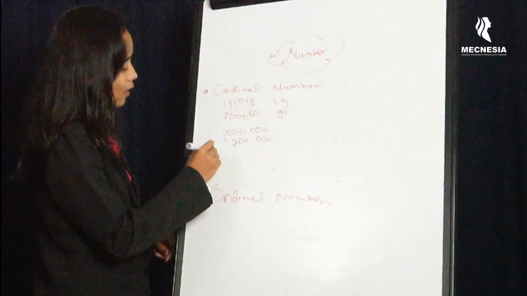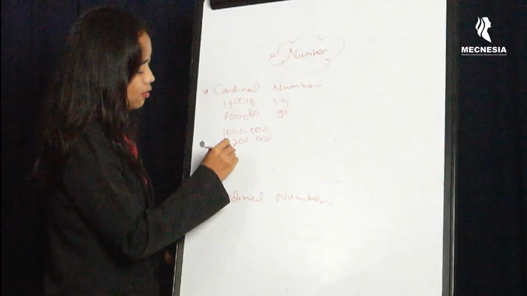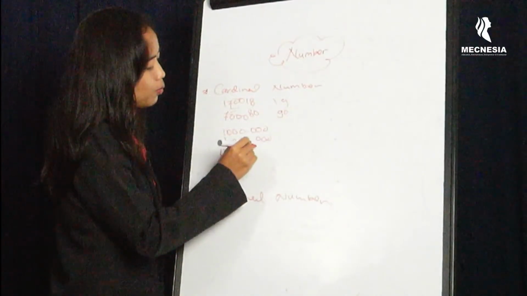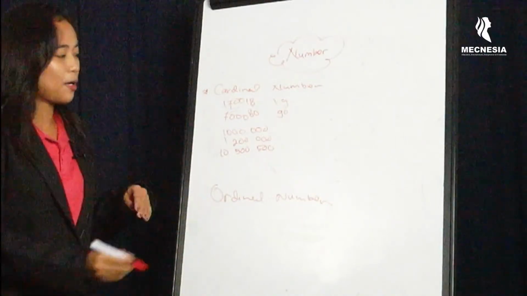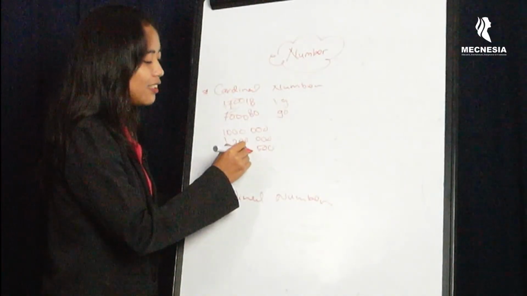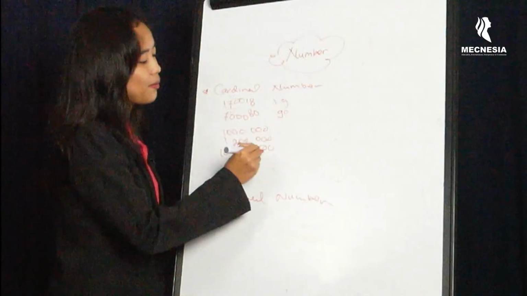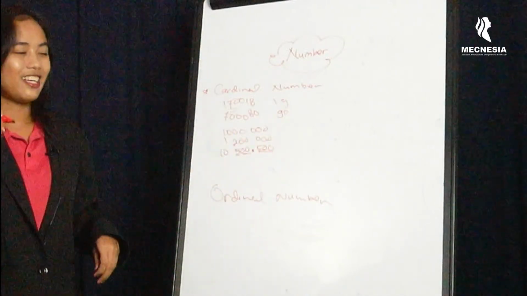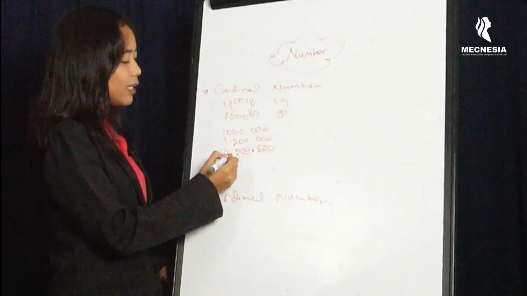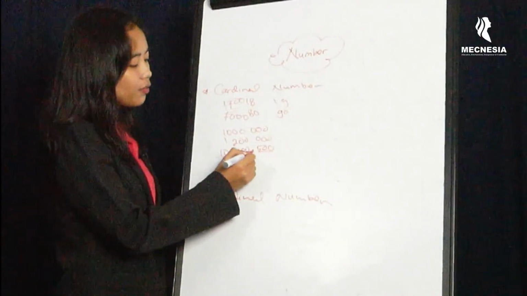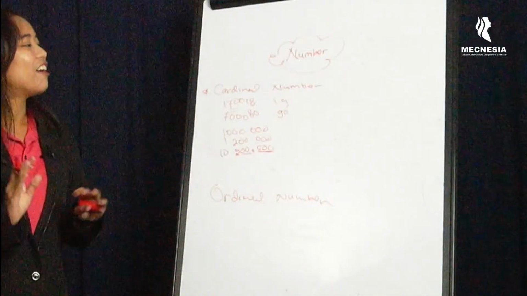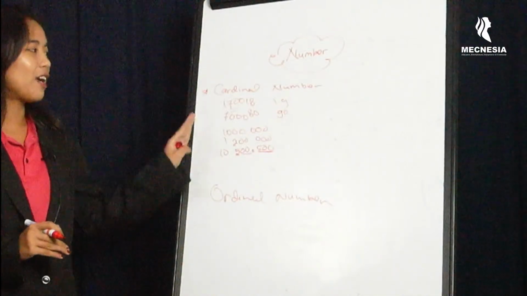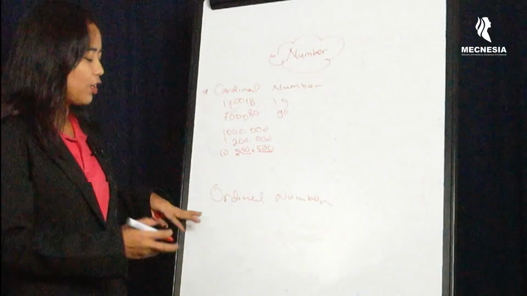Next, 10,500,500. Once again, 10,500,500. Well, I think that's enough for cardinal number karena kita cuma review aja.